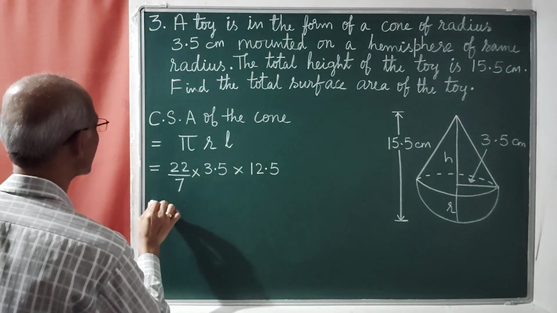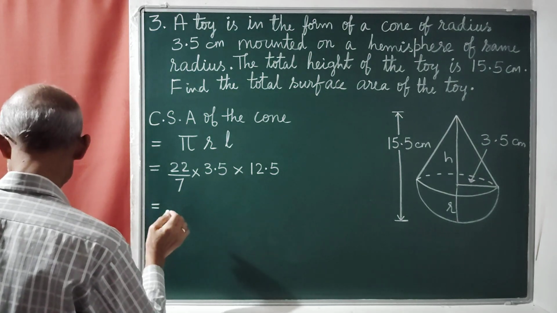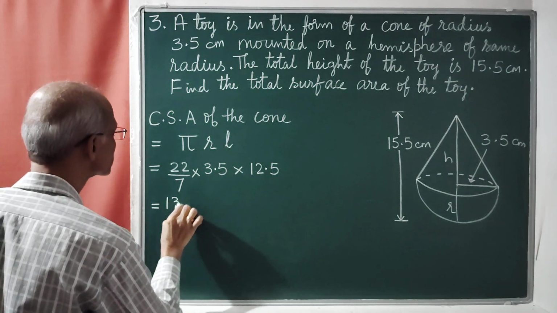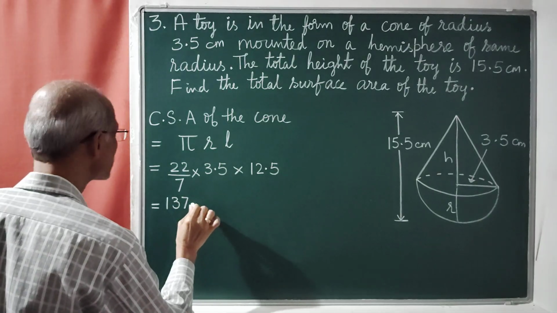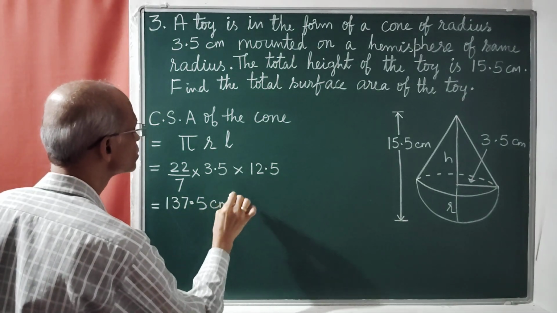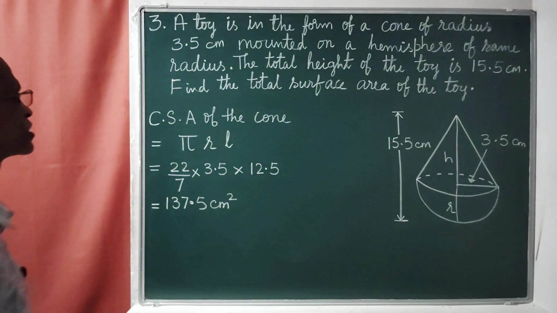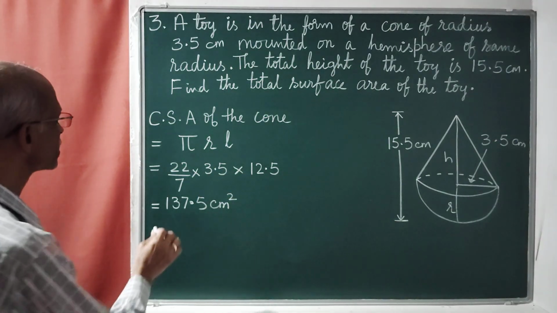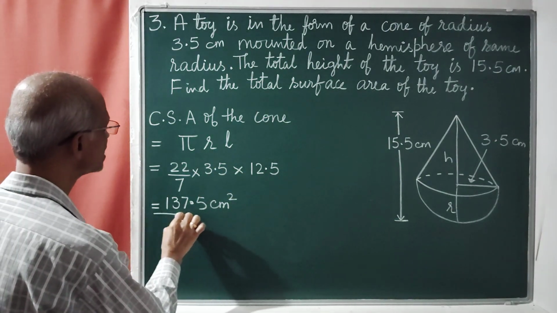If you calculate this, we will get 137.5 centimeter square. So the CSA of the cone is 137.5 centimeters square.